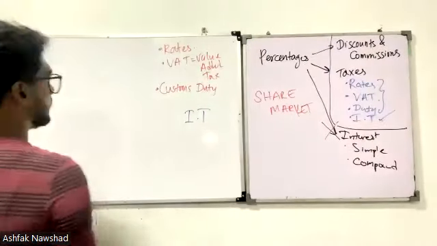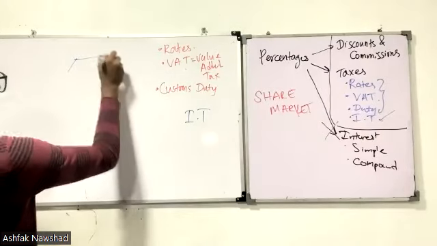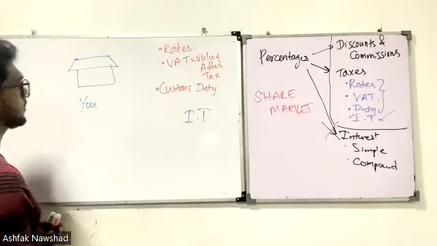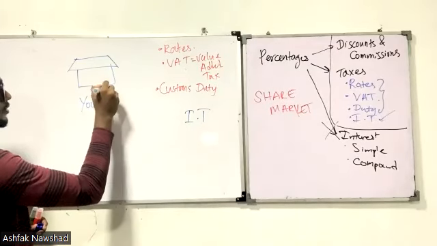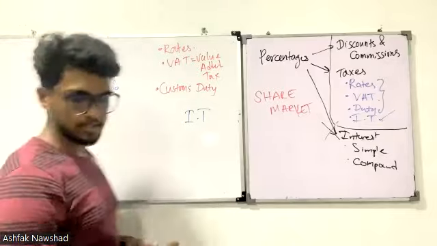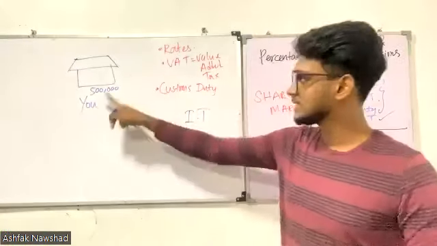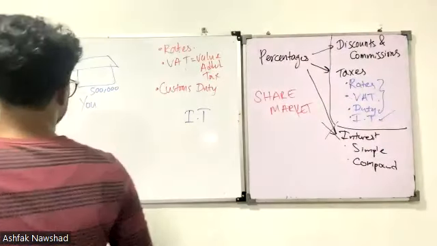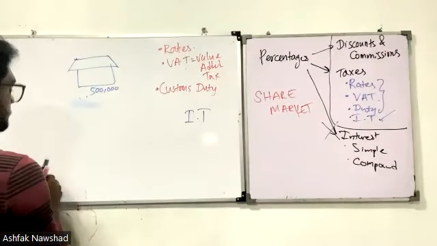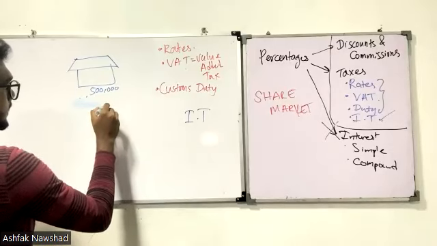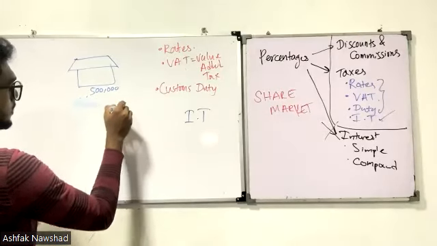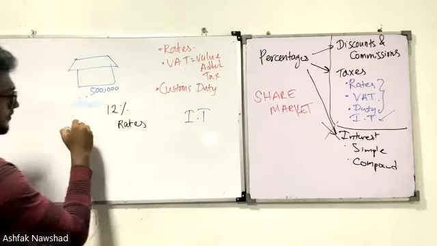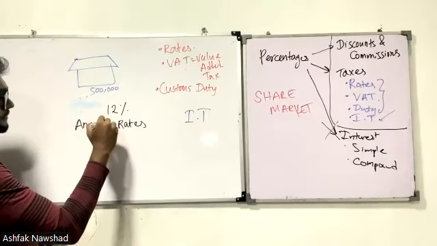Rates. I'll give an example. For example, someone owns a house. I take you for example, you own a house. The house's worth is like this. The municipal council charges 12% of this value as rates, as annual rates. 12% annually.